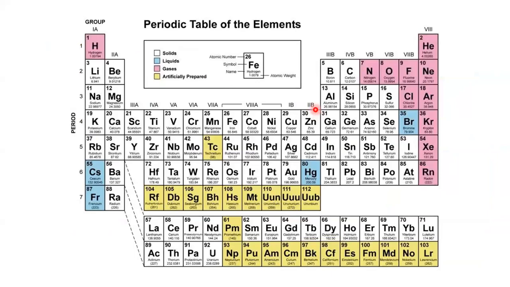All right, so on the periodic table, it will tell you the atomic weight of every element on the table, which is located right here on this particular one. And that will help you figure out the moles of your atom or molecule.